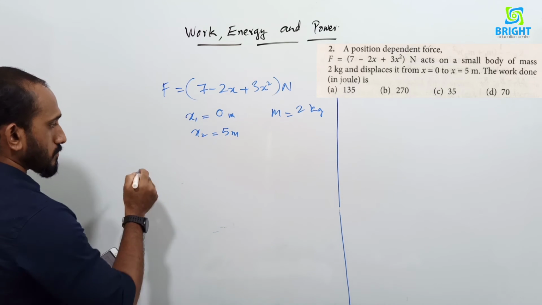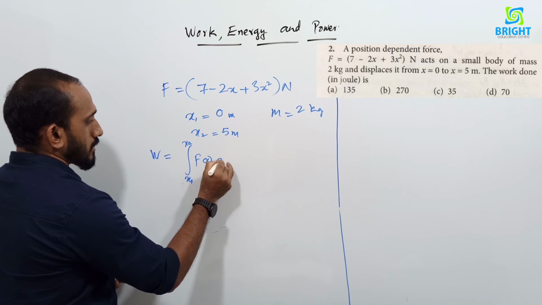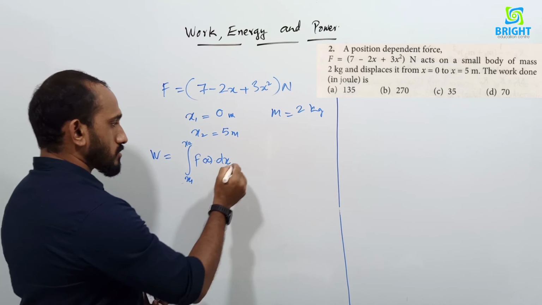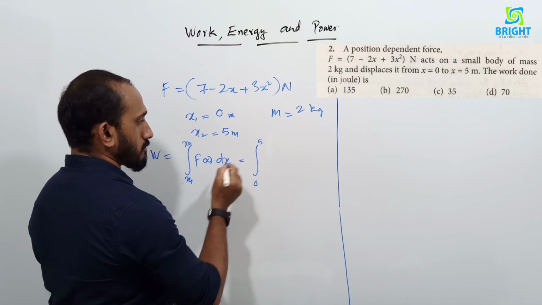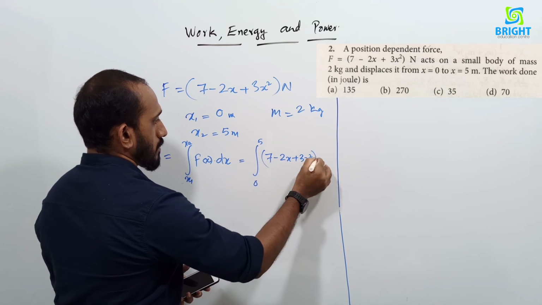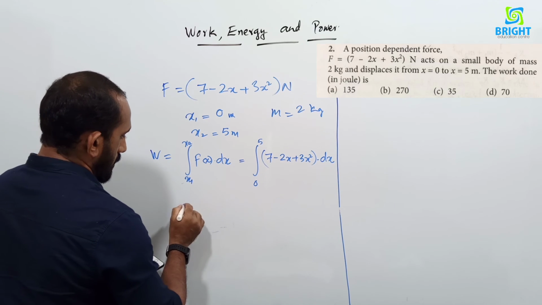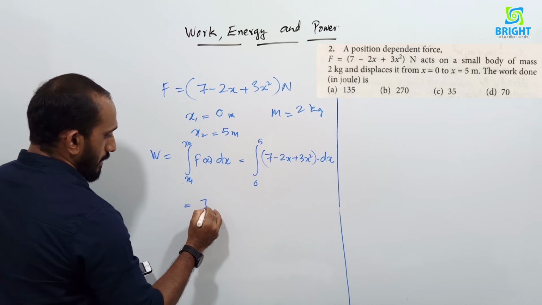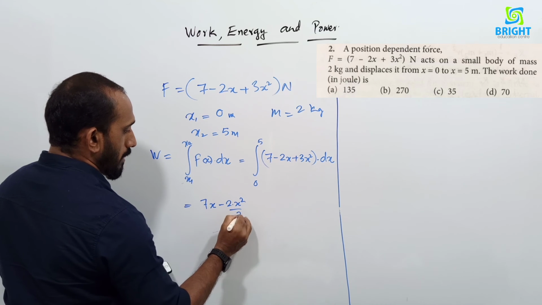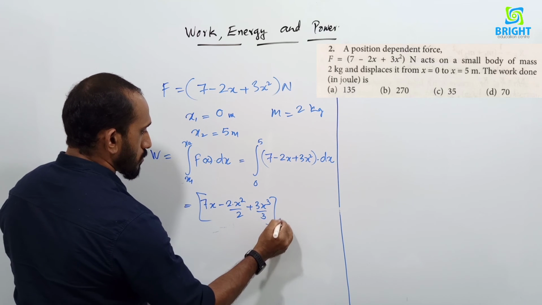Now you know that for variable force, work done is equal to the integral from x1 to x2 of F(x) dx. So you have to integrate this function with respect to x. That is equal to the integral from 0 to 5 of 7 minus 2x plus 3x square dx. If you integrate this one, it is 7x minus 2x square by 2 plus 3x cube by 3 from 0 to 5.